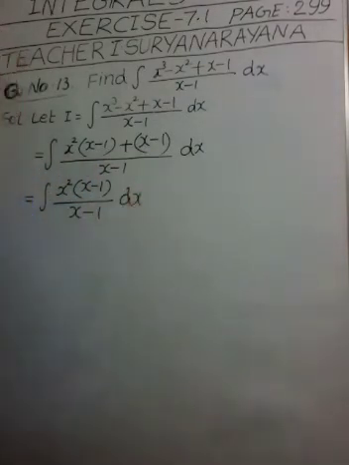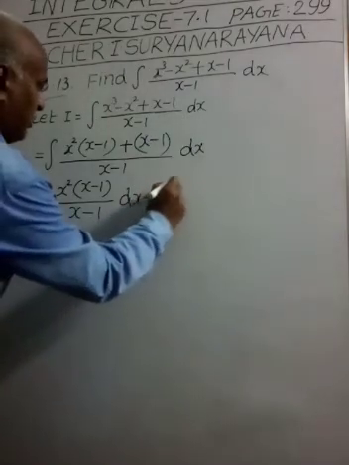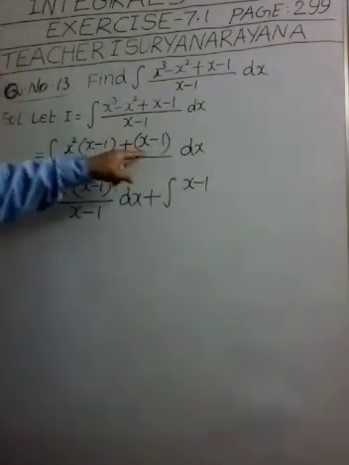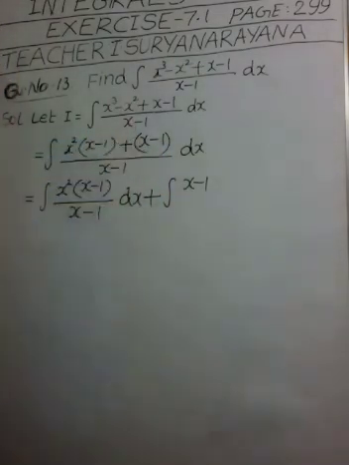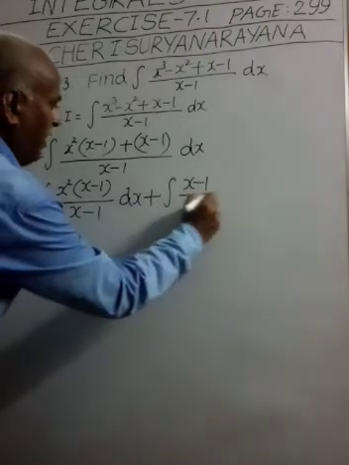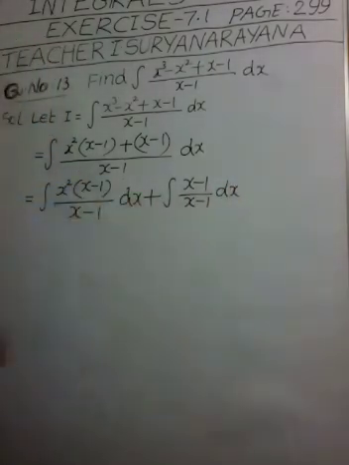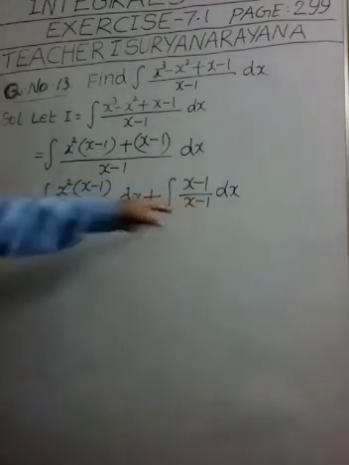Right. This is the first term. Now come to the next term, second term. Plus integral, this entire part is the second term. So (x minus 1) by (x minus 1) dx. Understood this is second term, my children? Right. Understood this step?